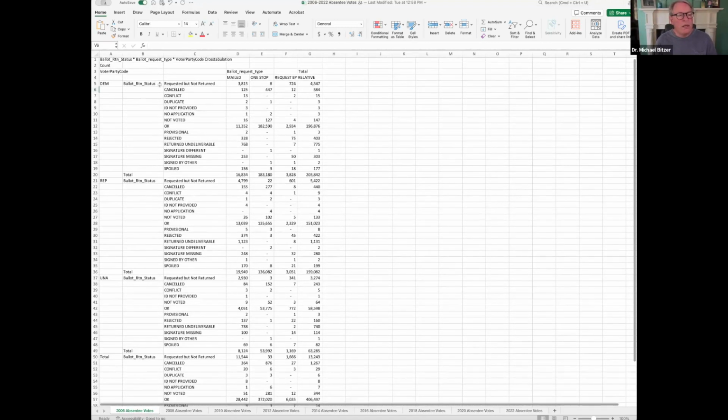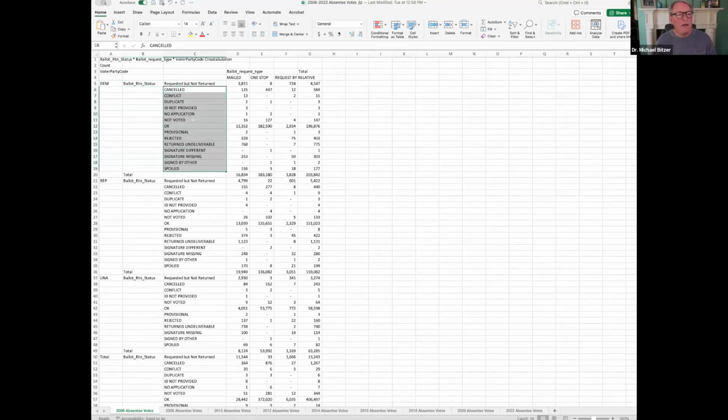Within the ballot return status, you'll see a number of boxes: canceled, conflict, duplicate. Those are all the codes that the counties use when a ballot is returned to them, either by mail or in person.